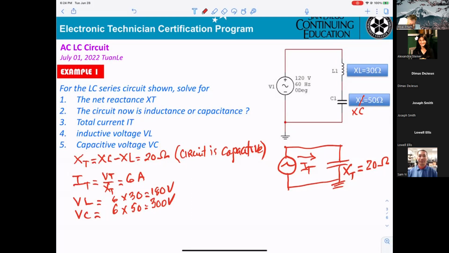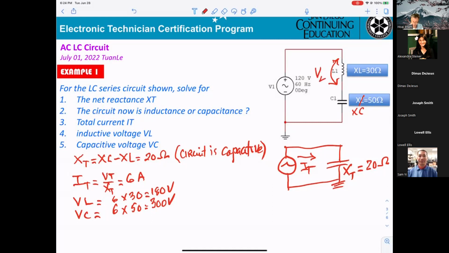The part where you did VL and VC, I was wondering why is that necessary if the circuit is primarily capacitive? No, that's helping you to calculate the current. If they want you to calculate the current, how do we calculate the voltage in here?